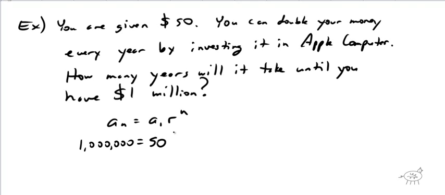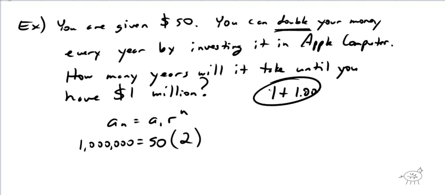And r, well, it's not really complicated. If you're going to double your money, what's the interest rate? Well, isn't it 2? Or think of it this way. Remember how it's 1 plus like 0.05? Well, if I'm making 100% of my money, isn't 100% the same thing as 1.00, which makes it 2? Okay? And it's 2 to the n power.